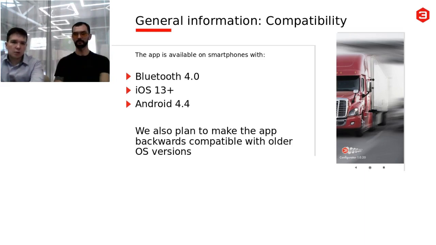As to the operating systems, we have iOS and Android, since they dominate the market pretty much. The iOS version that supports our app starts with 13 plus, and Android is 4.4.